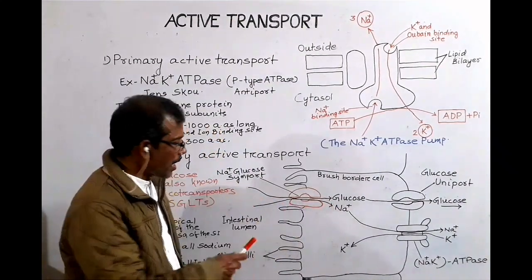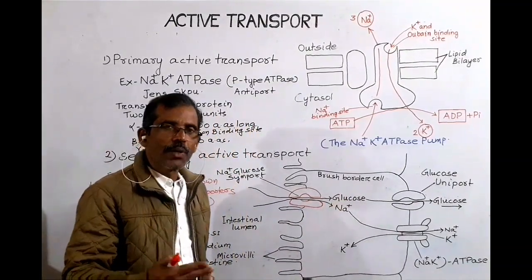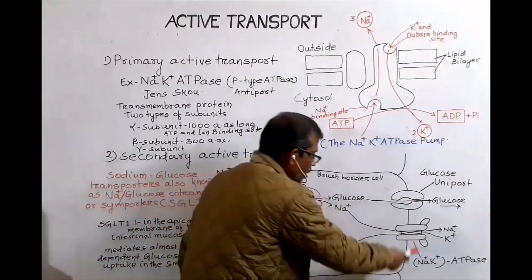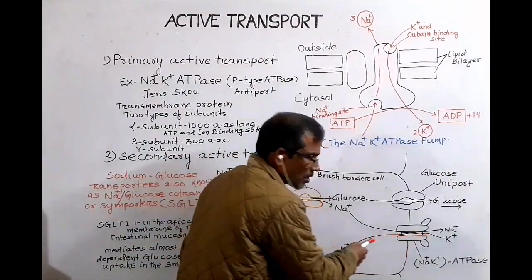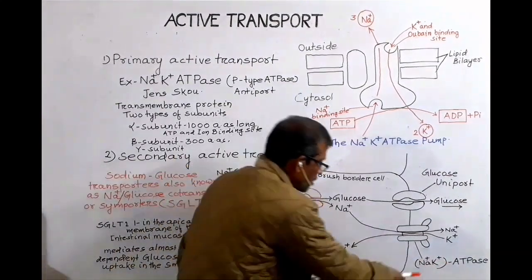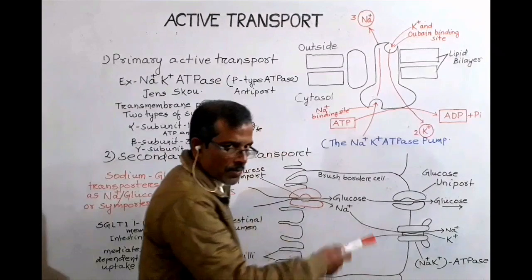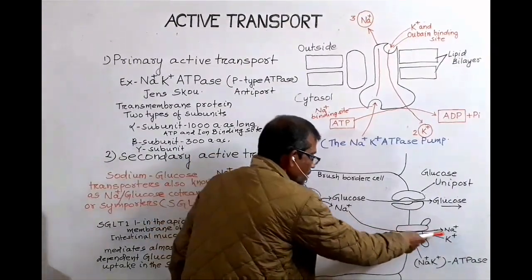The energy for this cotransport comes from a sodium gradient. At the basolateral membrane, there is the primary active transport system, that is Na+ K+ ATPase. The system continuously pumps sodium ions out of the brush border cells.